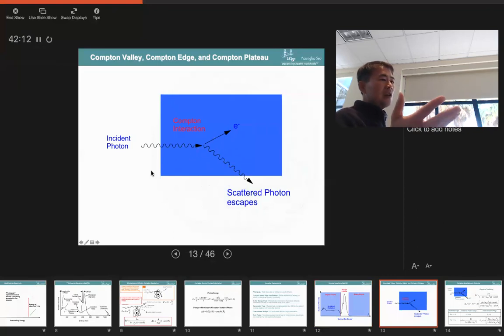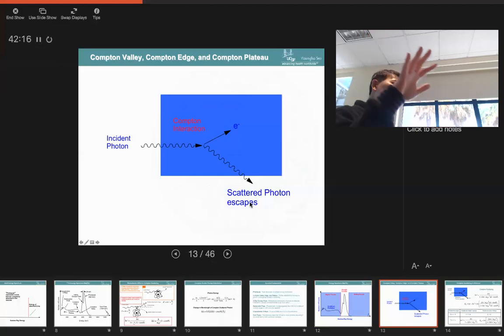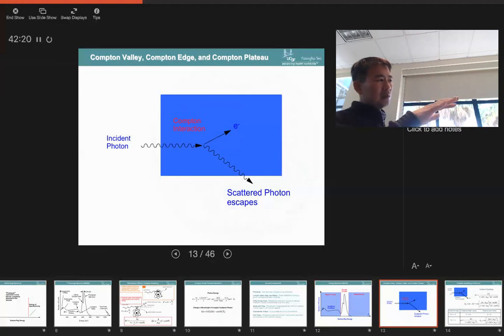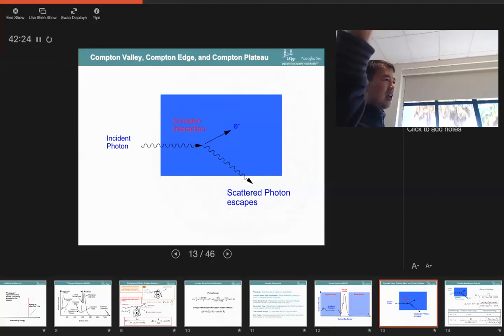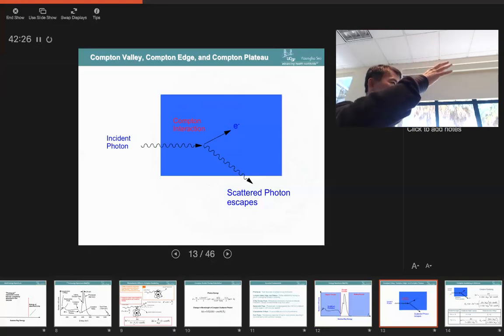Depending on the angle, the energy of the scatter photon is different, but it's also continuous. That's why you see the continuum of this Compton-related spectral component. And it has an edge, because there's some maximum there. All right. Any other questions?